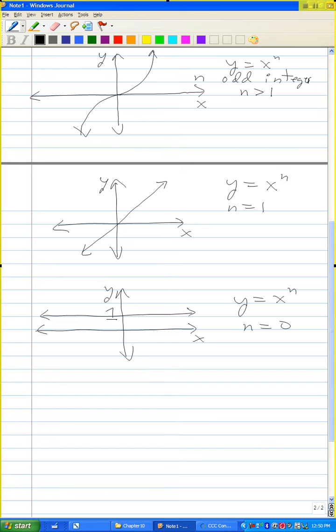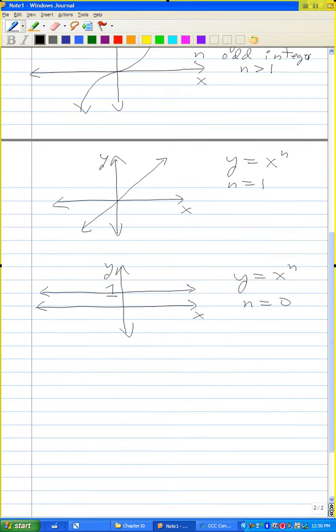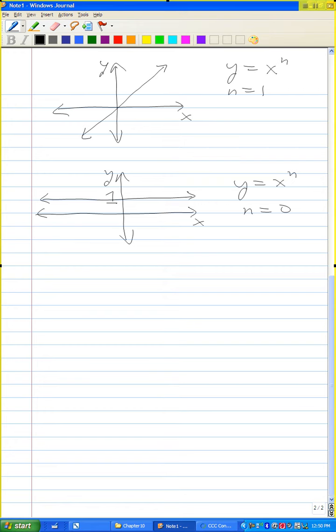Next, suppose I want to graph the following. Suppose I want to graph y equaling x to the n. And in this case, I guess I'll have that n is an even integer, but let n, in this case, be negative.